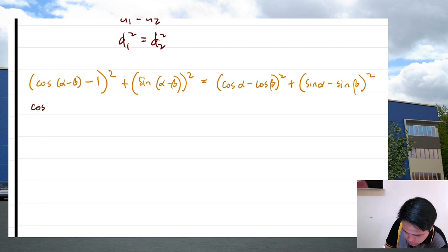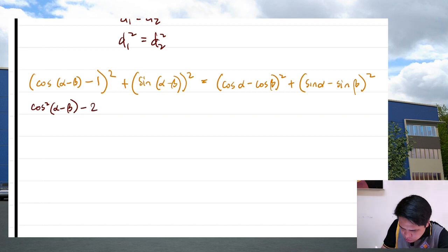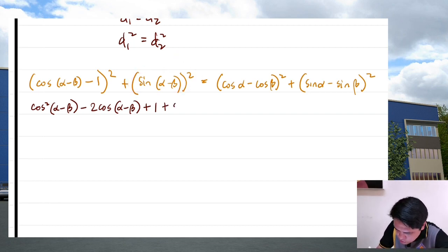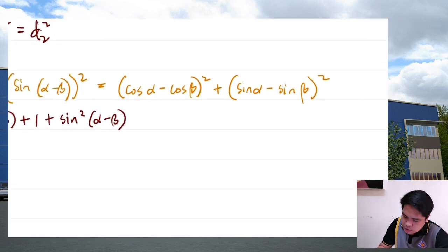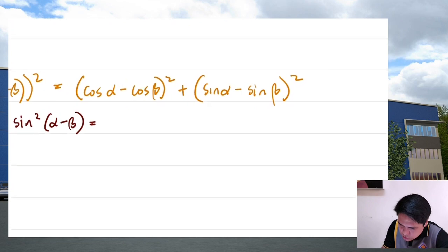We have cosine squared alpha minus beta minus 2 cosine alpha minus beta plus 1 squared, which is 1. Then plus, so just square this, that's sine squared alpha minus beta. So that's equal to the expansion sa other side.